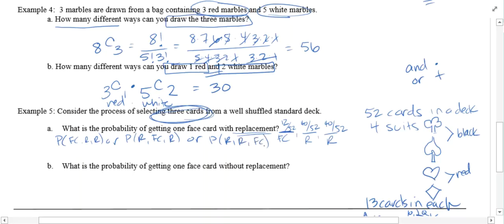How many ways is there to do this? There are 3 ways to do it. So 3 ways times 12 out of 52, 40 out of 52, and 40 out of 52.